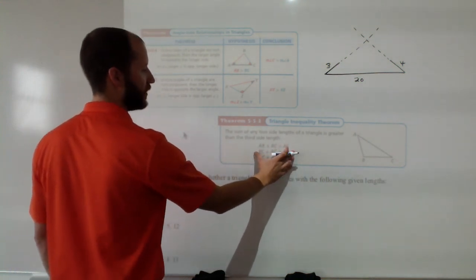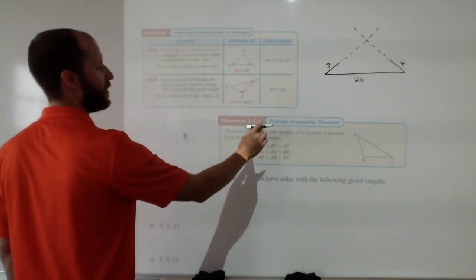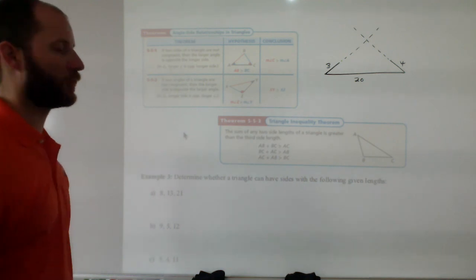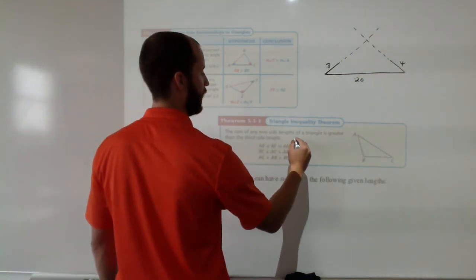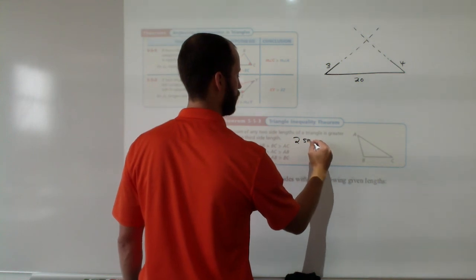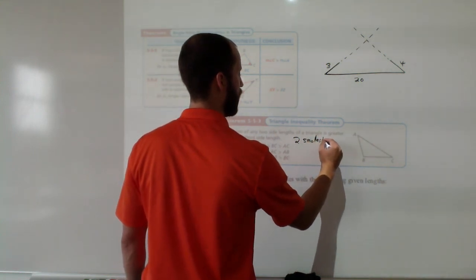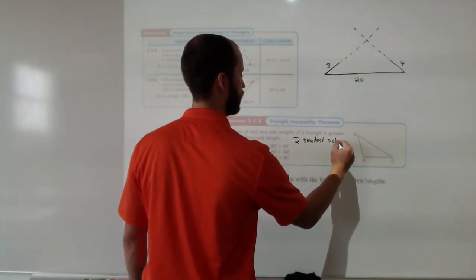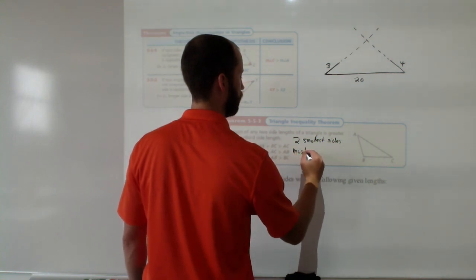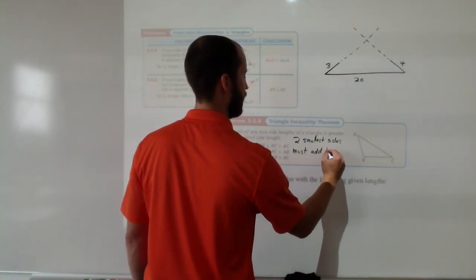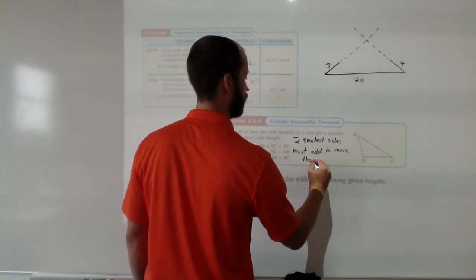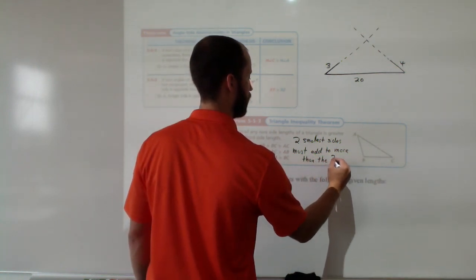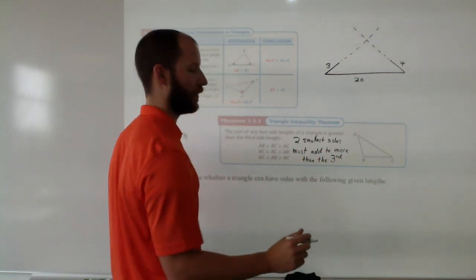What this says is that the sum of any 2 side lengths of a triangle must be greater than the third side. But what it really breaks down to is just the 2 smallest sides must add to more than the third.